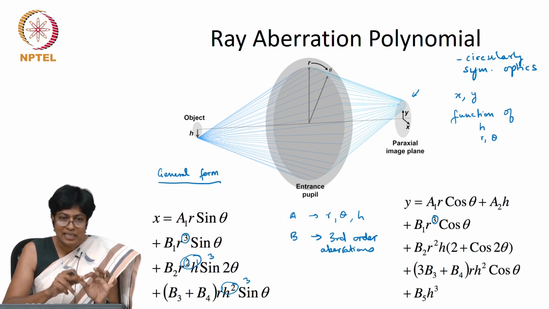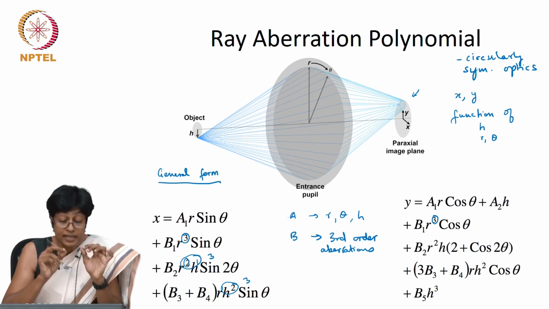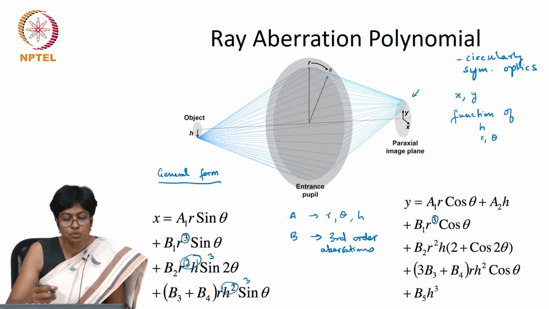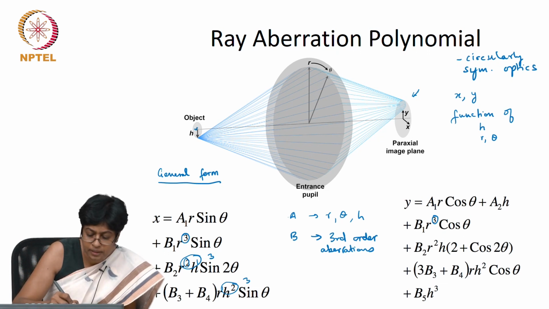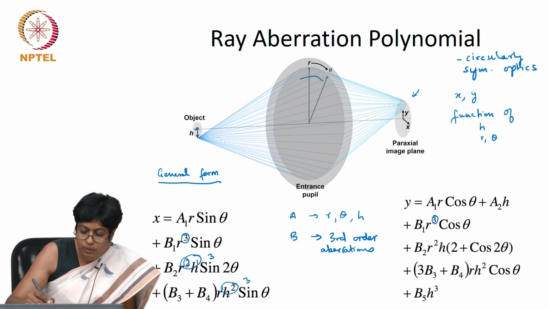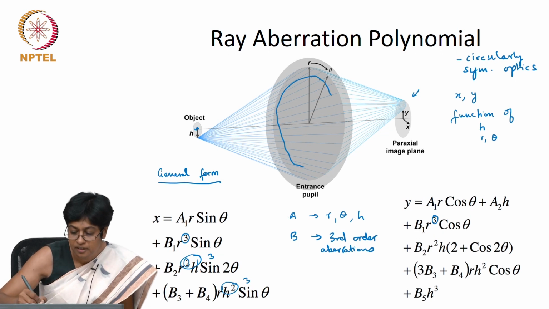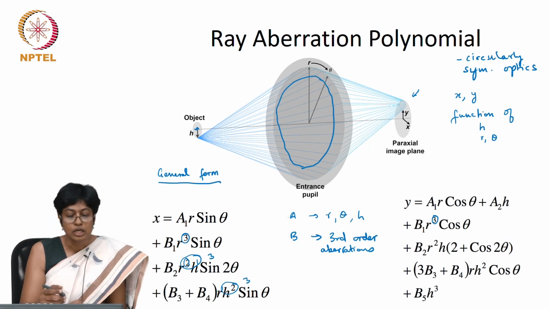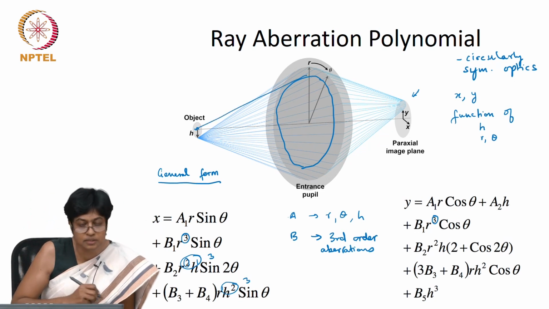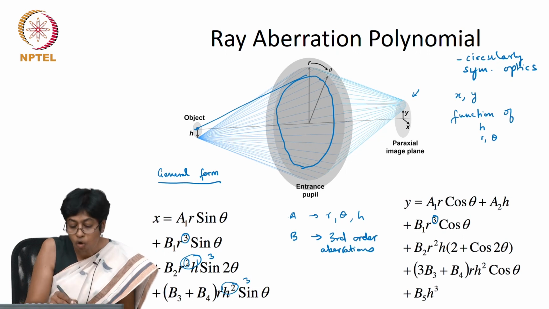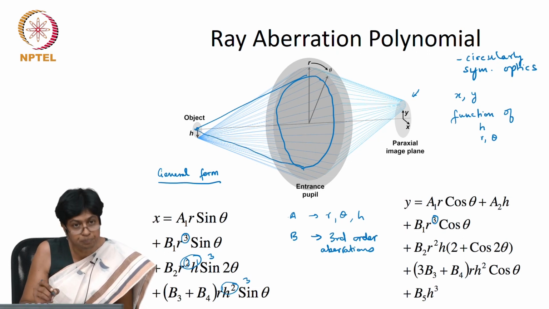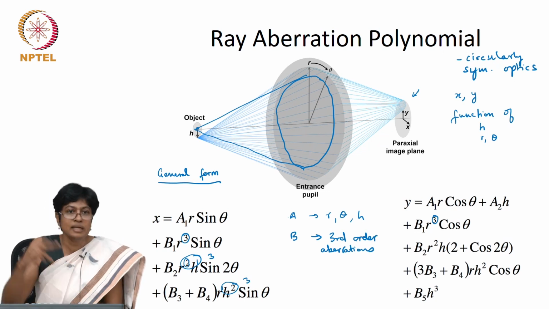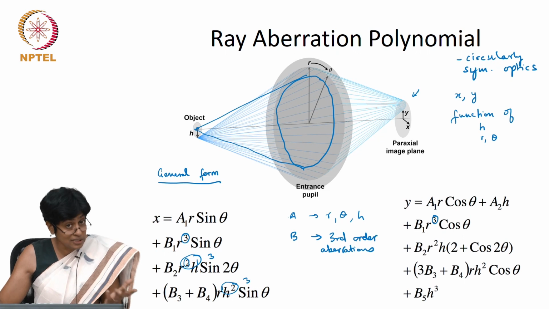Any ray coming from an axial object point and traveling through any region in one annulus, since this is circularly symmetric, any ray that goes either to this part of the lens or the same annulus but a different part of the lens, all those rays will image at the same point because it's symmetric.